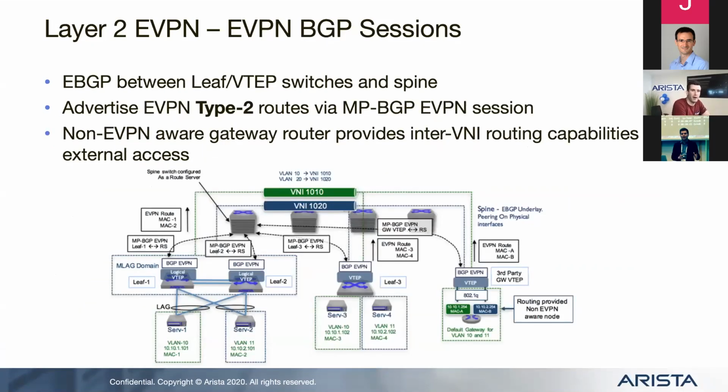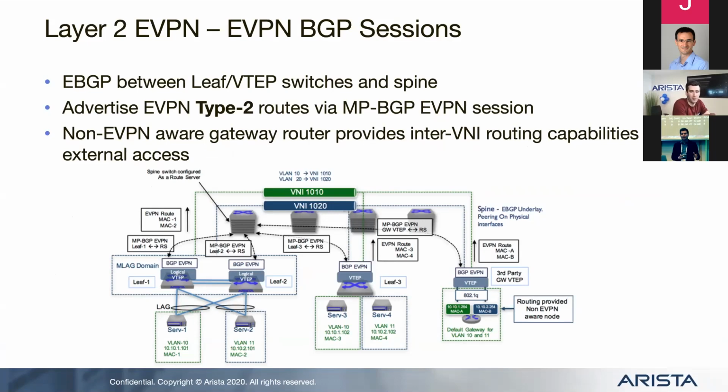Again, how does this look from a configuration standpoint, or more from a design standpoint? In the same way as the layer 3 setup, the BGP sessions are set up from leaf to spine, or from leaf to core. You might want to call it a campus core. And then the EVPN routes, the type 2 routes, are used for advertising the MAC bindings between the devices.